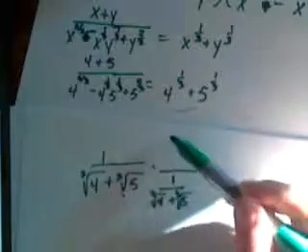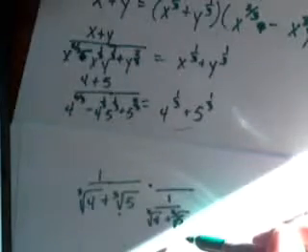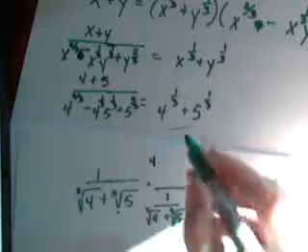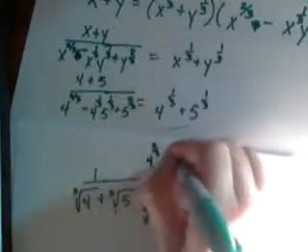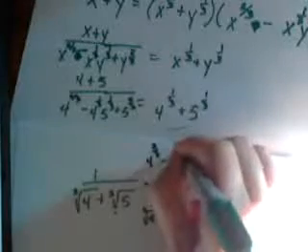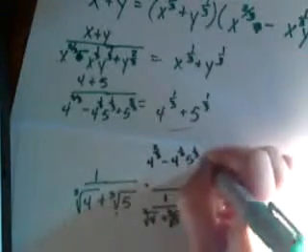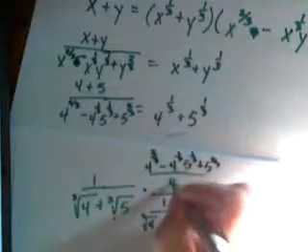So instead of writing 1 over the cube root of 4 plus the cube root of 5, I can write 4 to the 2/3 power minus 4 to the 1/3 power times 5 to the 1/3 power plus 5 to the 2/3 power, all divided by 4 plus 5, which is 9.